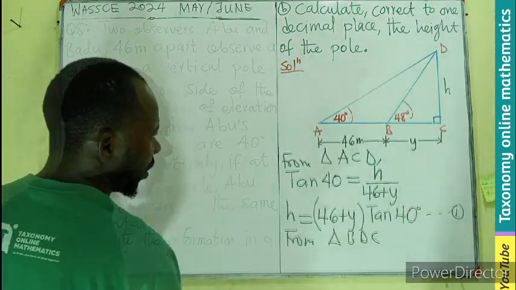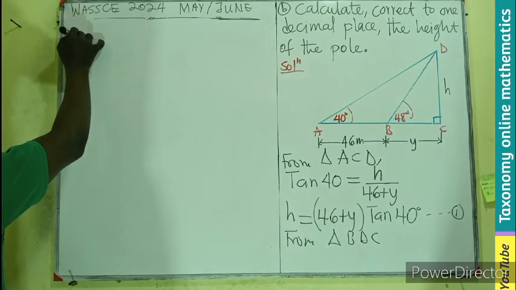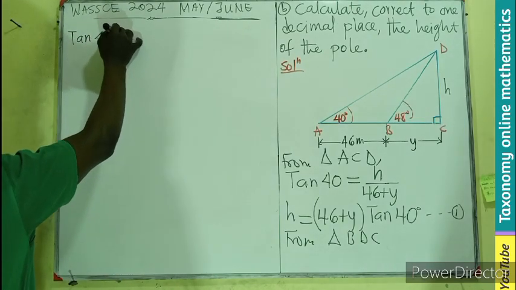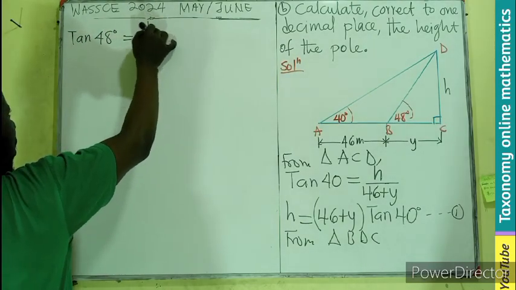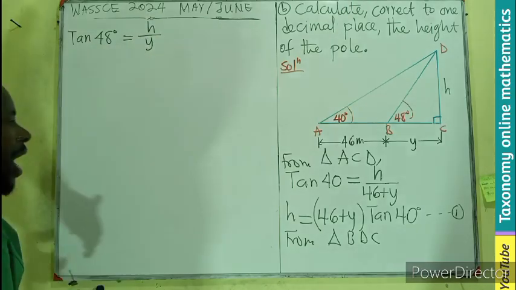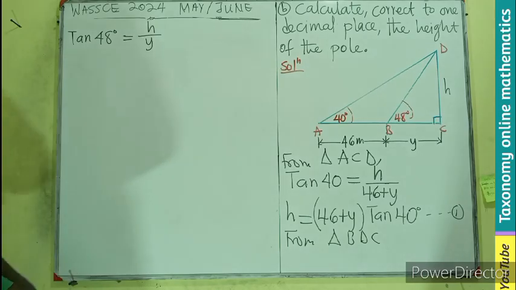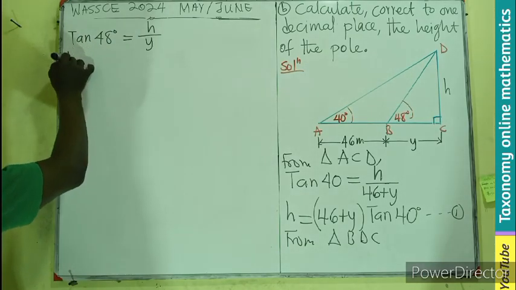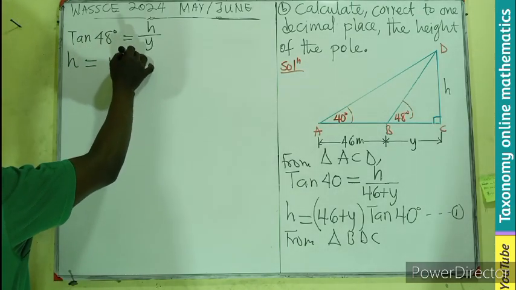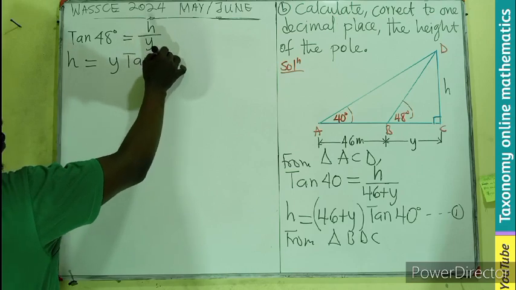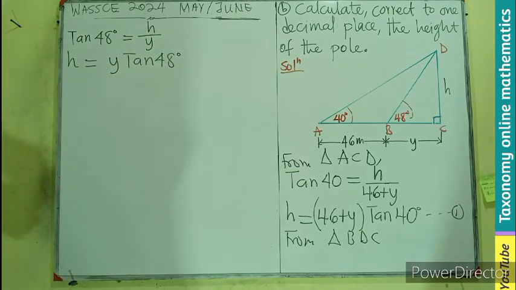So it's going to be tan of 48 degrees equals the h, the opposite, over y. Y is the adjacent. So still, we are looking for h. So we cross multiply, h will be equal to y times the tan of 48 degrees.